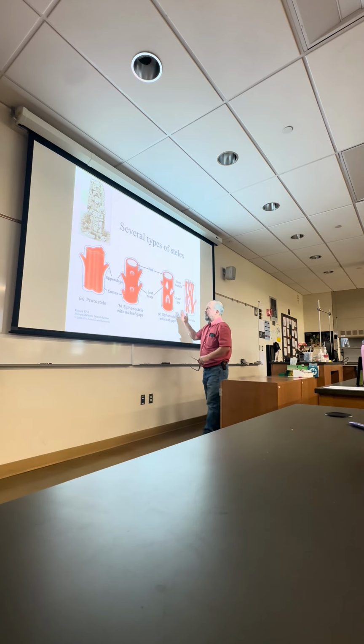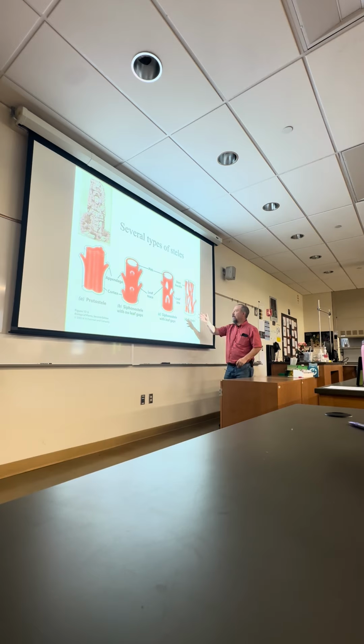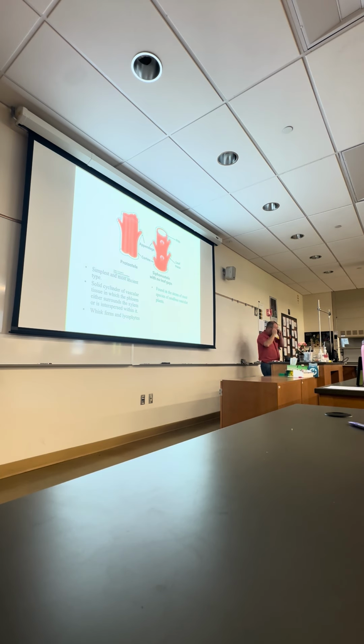So these are just some basic ones, you have your early ones, and then it gets progressively more complex, like what we have in the major vascular plants. So this is a protostele, simplest, most ancient. It's just a solid cylinder of vascular tissue. All of that is where the water comes out through.